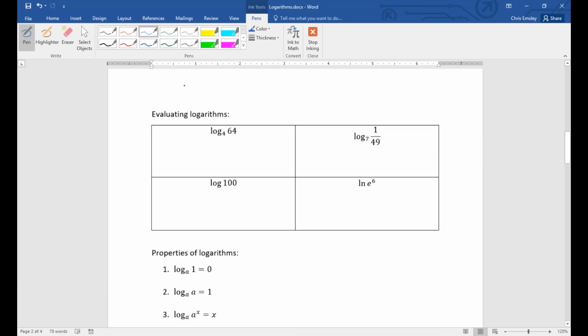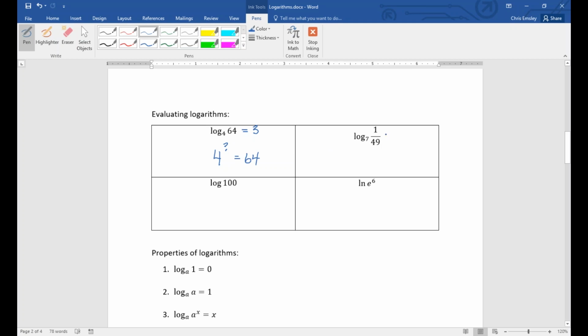We could also have some statements where we want to evaluate these logarithms numerically. So we're looking for a number answer here. Log base 4 of 64 is what? The question we're looking for here is what exponent would we put on that 4 to get 64 as a result? And it turns out that 4 cubed is 64, so this logarithm is equal to 3.